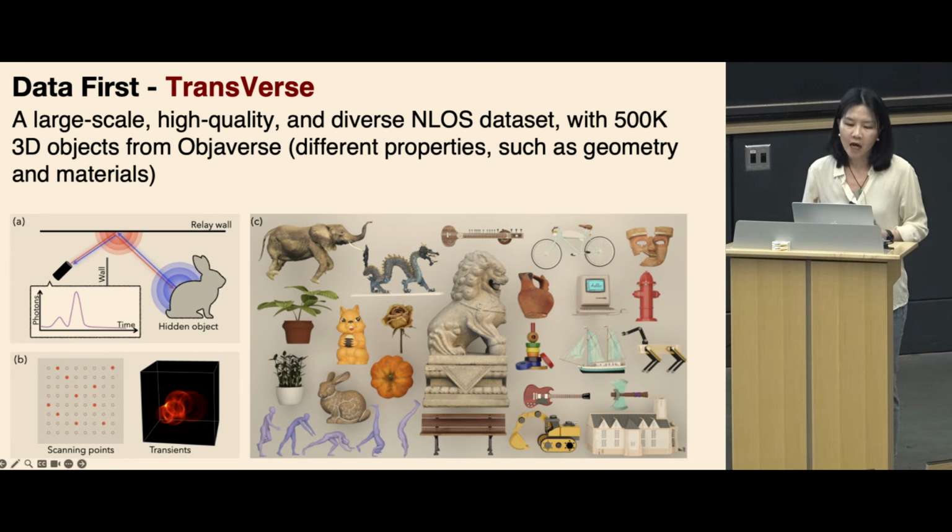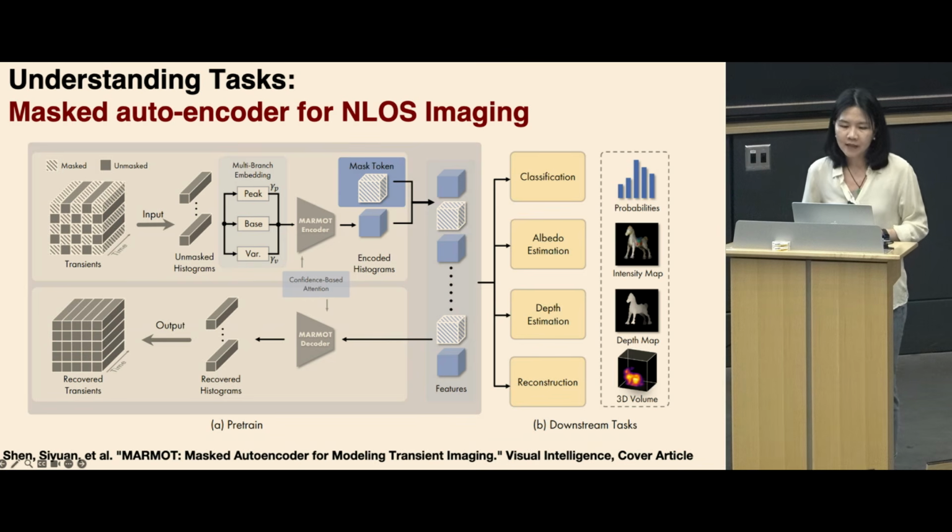It has 500,000 3D objects selected from Objaverse of different categories and materials. We rotate, translate, and scale each object within the hidden space before simulating the corresponding transients. Next, we train a masked encoder that sees only parts of the transients and predicts the rest.